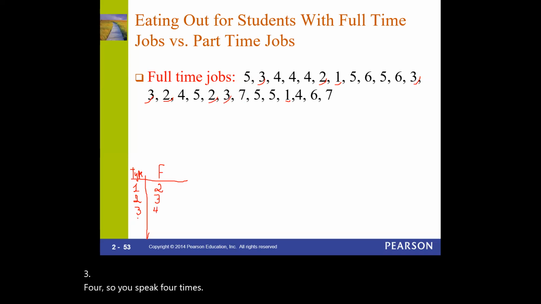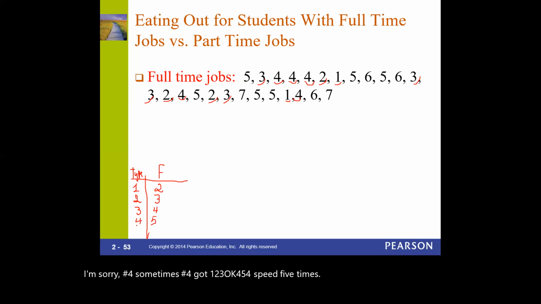Then you're gonna go with number 4. How many times is number 4? 1, 2, 3, 4, 5. 4 is repeated 5 times. Then number 5. How many times do you see number 5 in the data set? 1, 2, 3, 4, 5, 6 times.